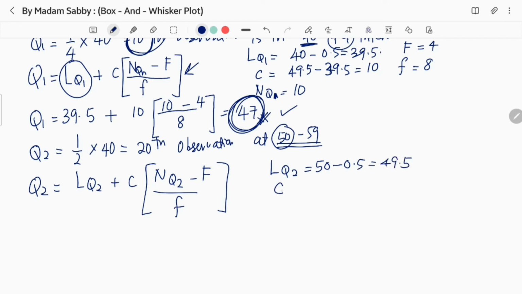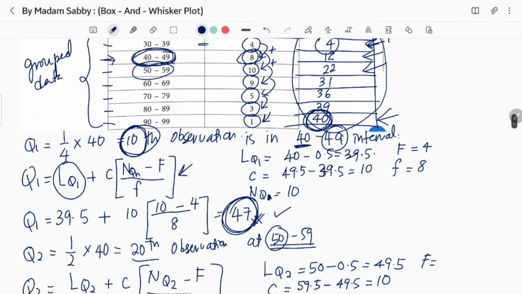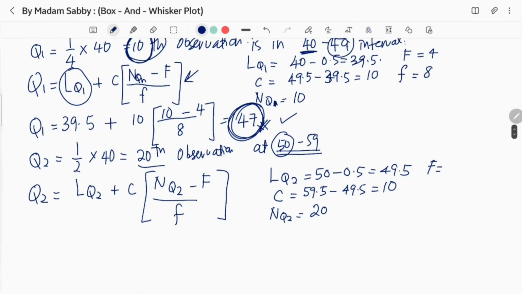C is the class interval, so we can calculate it by subtracting the lower boundary from the upper boundary, 59.5 minus 49.5, which is equivalent to 10. NQ2 is the number of observations for your median, which is at the 20th observation. F is the cumulative frequency from the previous class, which is 12.